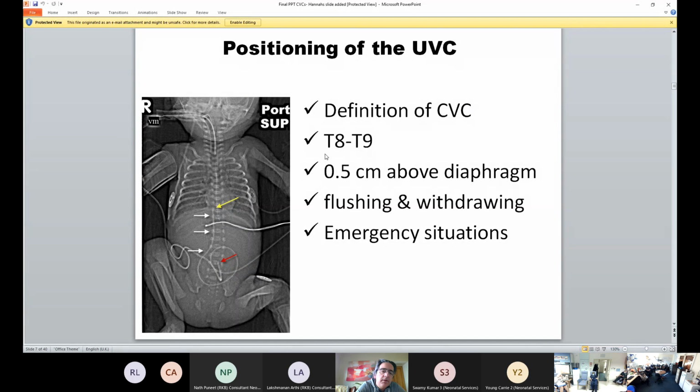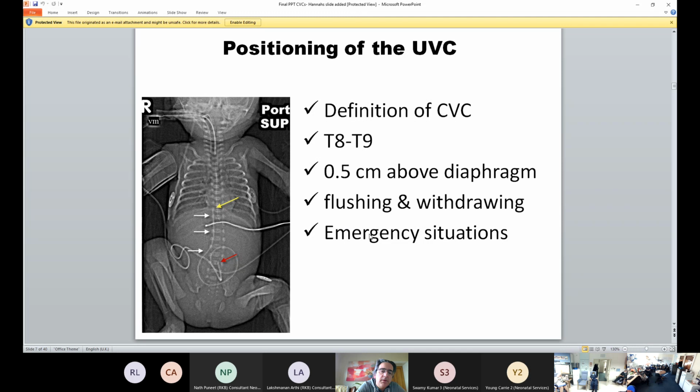The typical position for the tip of the UVC is between T8 and T9. So if you look here, this is 12, 11, 10, so here at T10, T9.